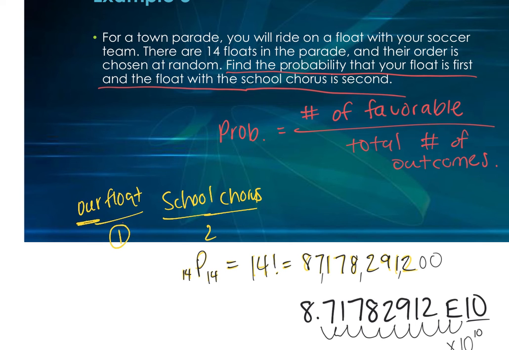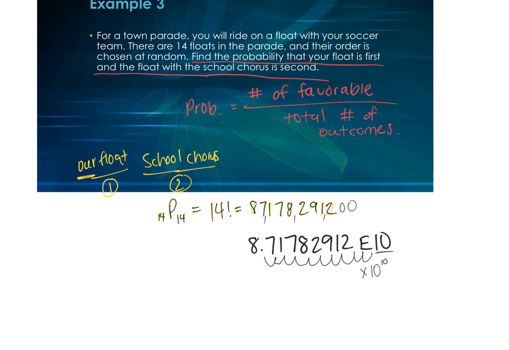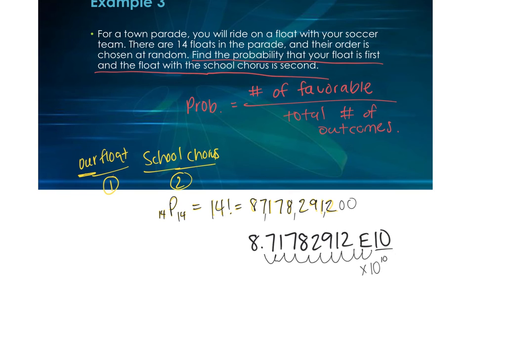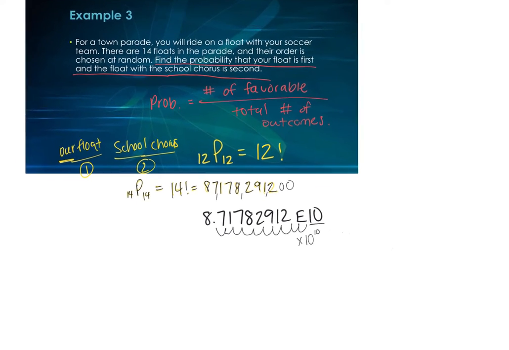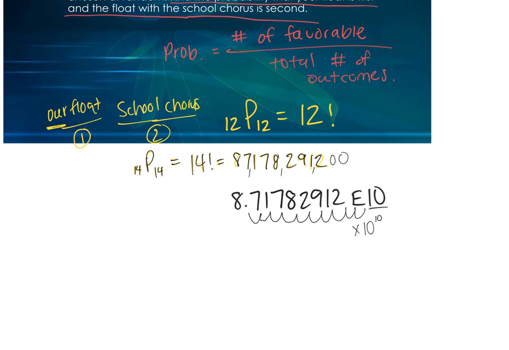These have to be first and second. Then we have how many floats after that to choose from? We have 12 floats that can be permutated how many different ways? 12 different ways. In other words, that's 12 factorial. Do you guys agree? So if you plug that into your calculator, that's 12 factorial. We did it for the last problem.